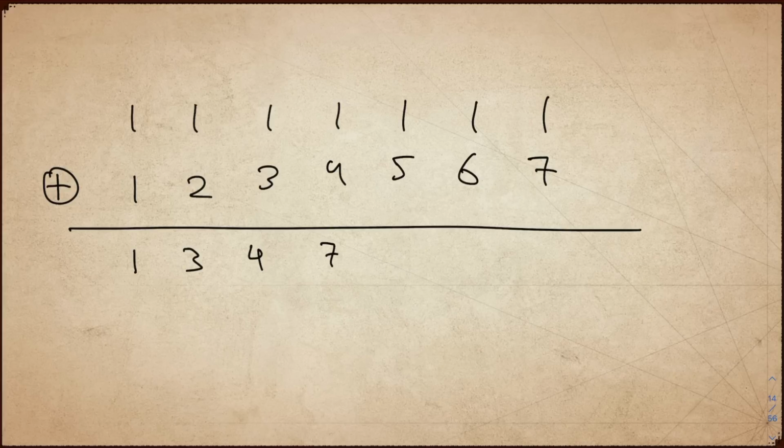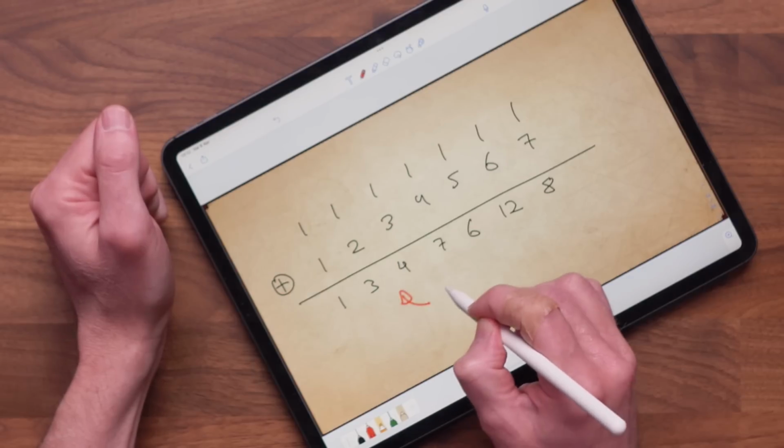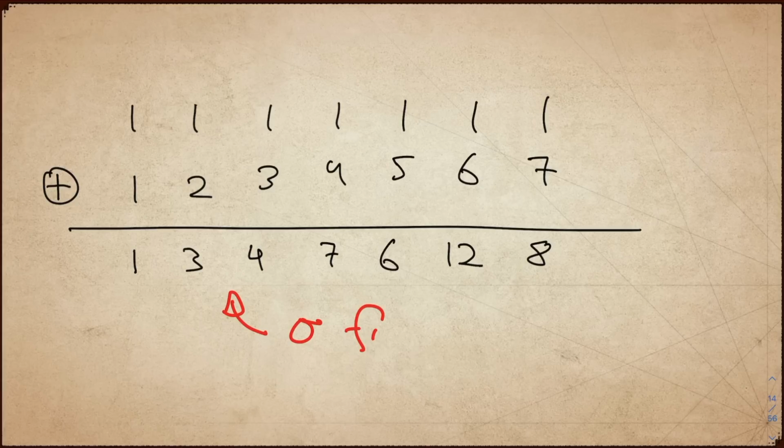Then it's 1 times 5 plus 1 times 1, that's 6. And then we get 12, 8, and so on. And this is the sigma function from the previous episode.